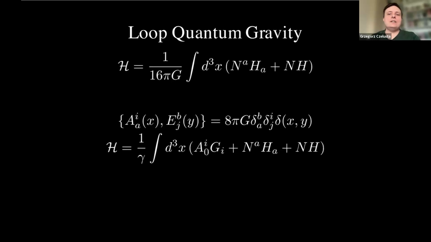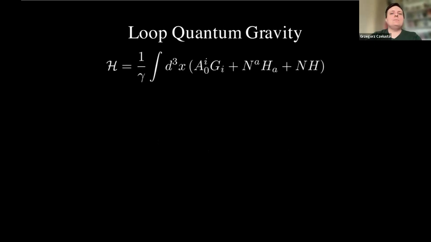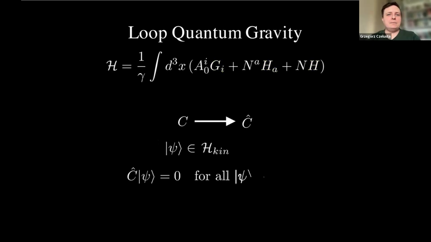And since we are dealing here with a constraint system, we follow Dirac's procedure for quantizing constraint systems. First, we replace the classical constraints with quantum operators. Then we need to define a kinematical Hilbert space on which these operators act.